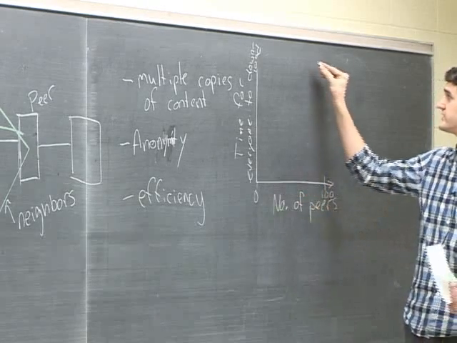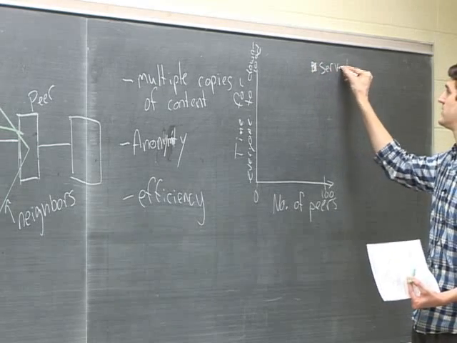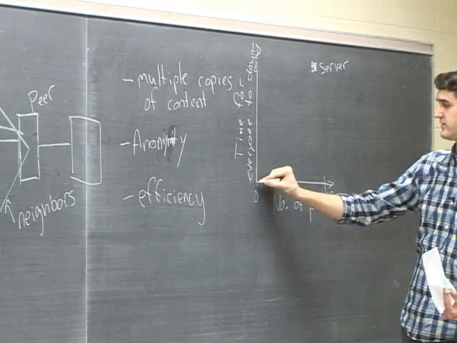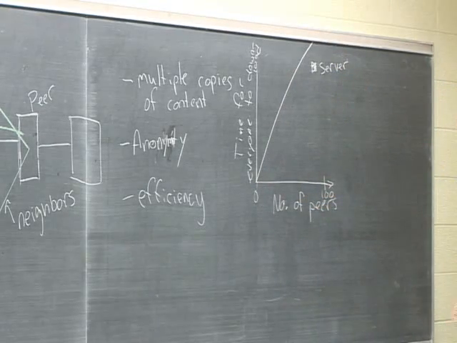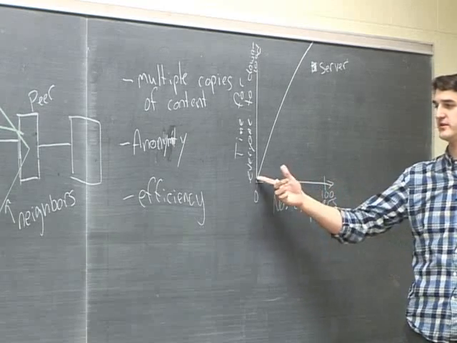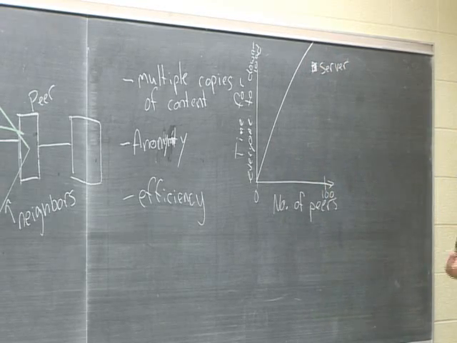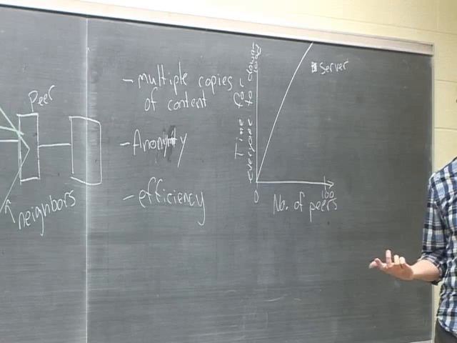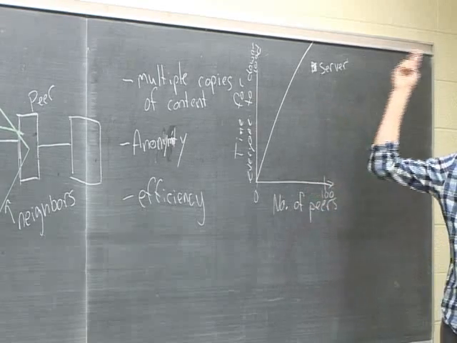If we took the standard server-client setup, it would probably look something like this. As there are more peers downloading, the amount of time it takes for everyone to download the file is directly proportional to the number of peers. They each add the same amount of time, so it's just a straight line.